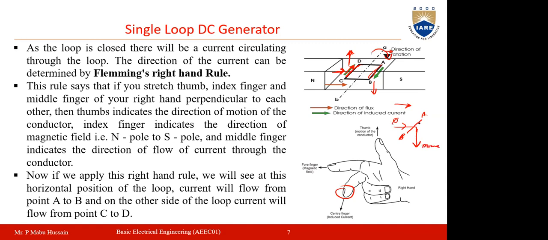Now you have to keep your finger for the flux from left to right, and your thumb will be downwards. In such a case, the direction of current will be from A to B.